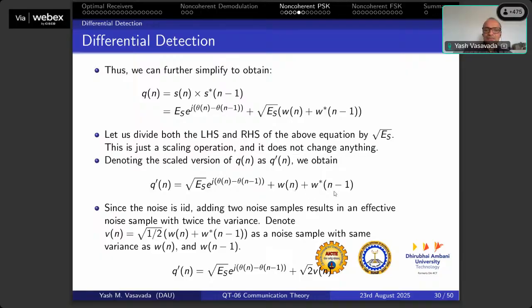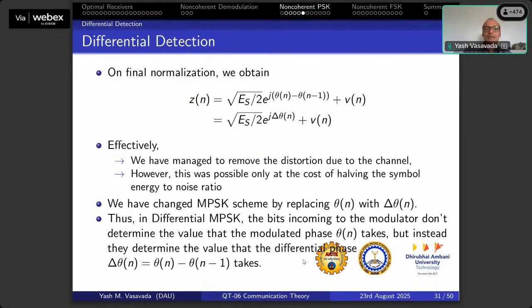So instead of calling them the summation of two IID noise components, I will call it some noise component which has been scaled in the standard deviation by square root of 2. I will further normalize, and then theta n minus theta n minus 1 I'll call delta theta n.